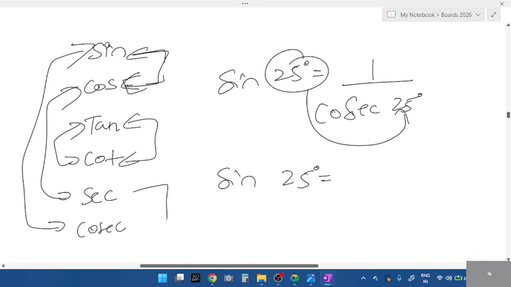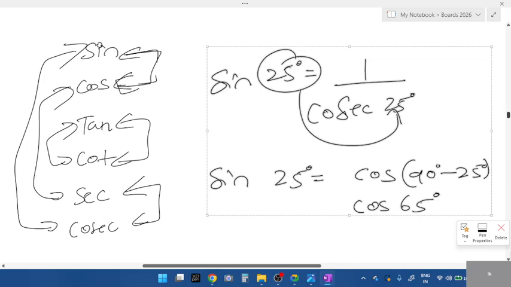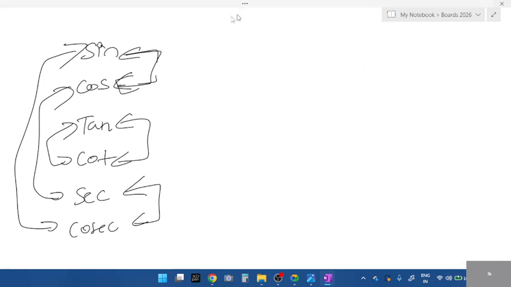This is complementary angle. Sine 25 complementary is cos 90 minus 25. 90 minus 25 is 65. So the answer is sine 25 is cos 65 degrees. So right hand side reciprocal, left hand side reciprocal, right hand side complementary.